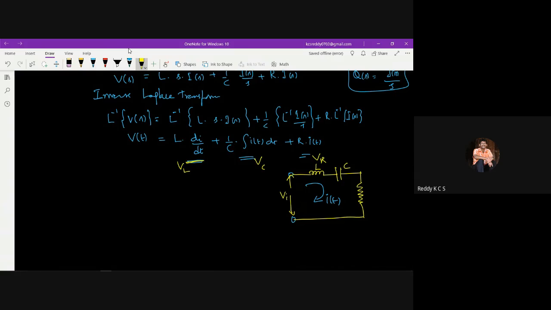This is LCR or RLC, whatever it is. This is the equivalent electrical system for the given physical system.